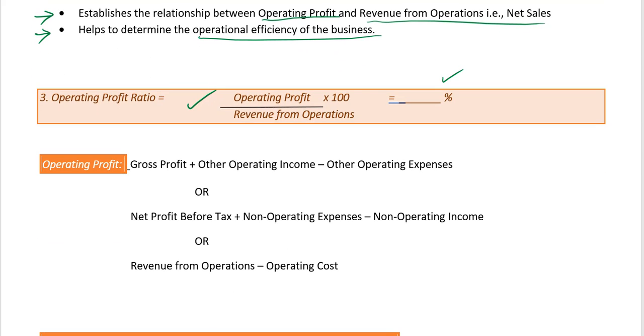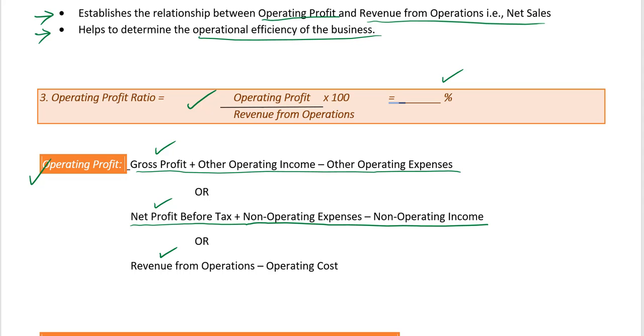Now we can arrive at the operating profit depending on the information that we have. Where the gross profit is given, we can use the formula gross profit plus other operating income minus other operating expenses. Where the net profit before tax is given, we can use the formula net profit before tax plus non-operating expenses minus the non-operating income.